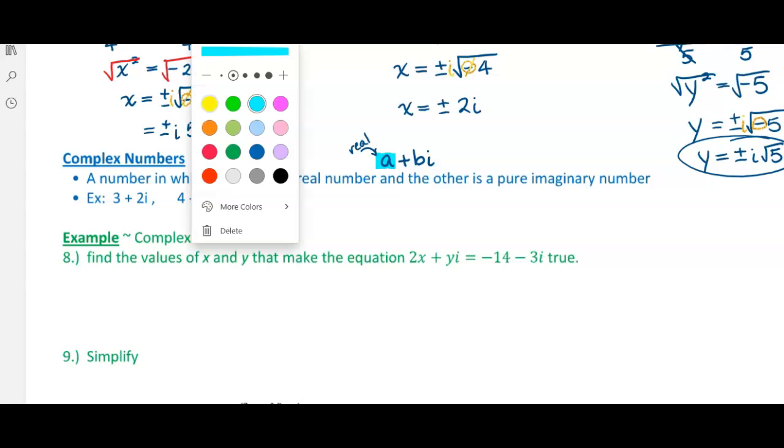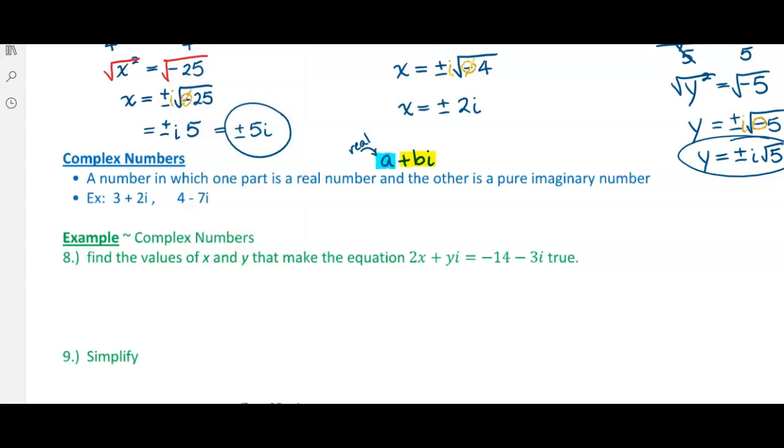Then the other side is considered our imaginary, pure imaginary part. So in this example, this would be my real component, 3. 2i would be the imaginary component. 4 is the real component. Negative 7i would be the imaginary component.